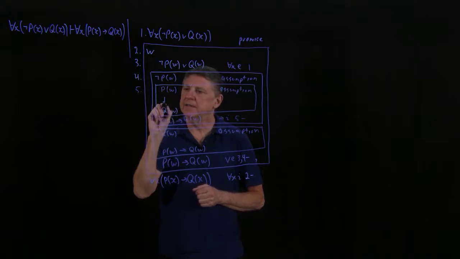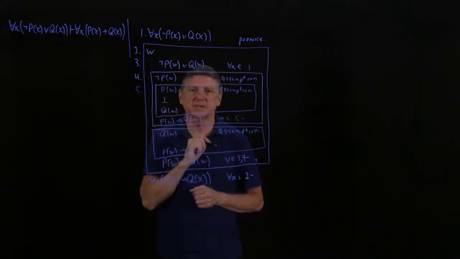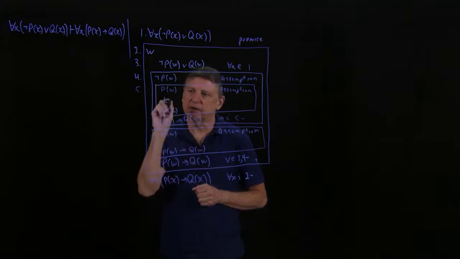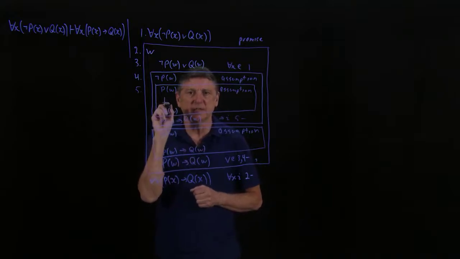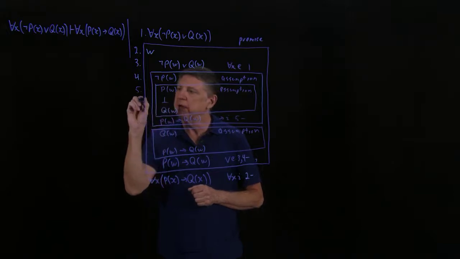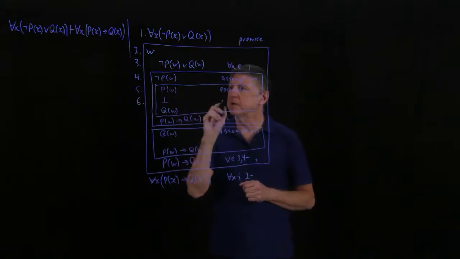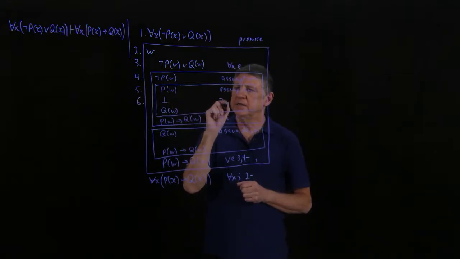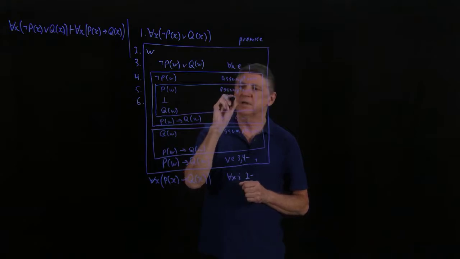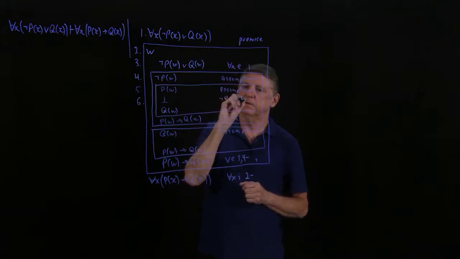That leads to a contradiction, and I know that a contradiction is a technically really useful thing to have in a natural deduction proof. So that would be line 6, and it's justified by negation elimination from lines 5 and 4.